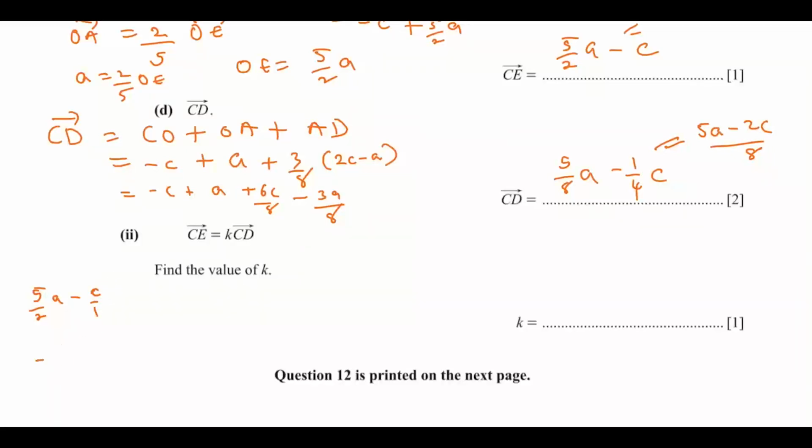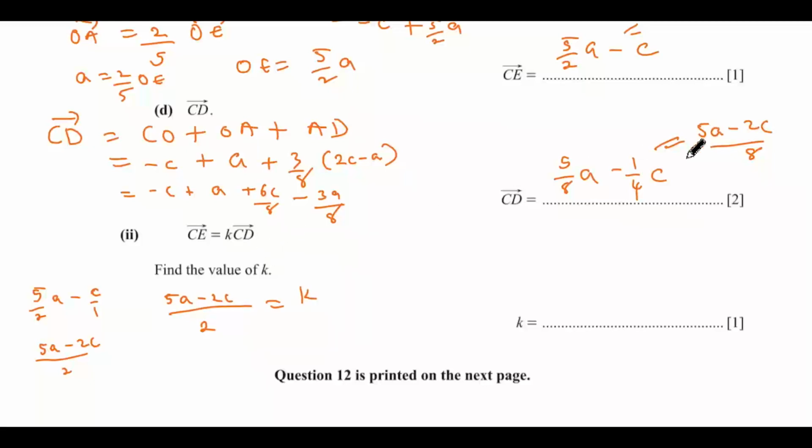So the LCM of 2 and 1 is 2. 2 divided by 2 is 1, 1 times 5a, you get 5a. Minus 2 divided by 1, you have 2, 2 times c, you have 2c. So you can write CE like this: 5a minus 2c, everything over 2. Then it's equal to k.